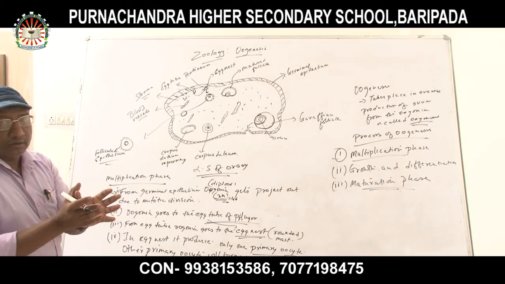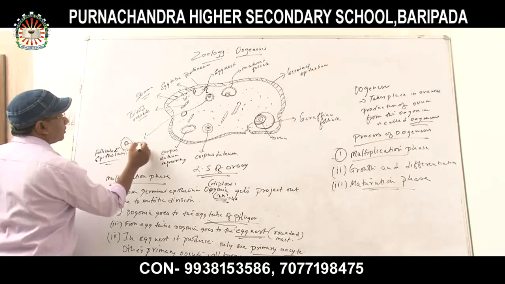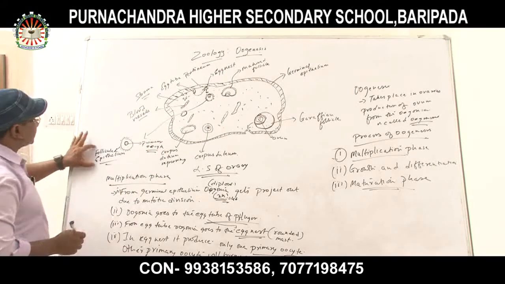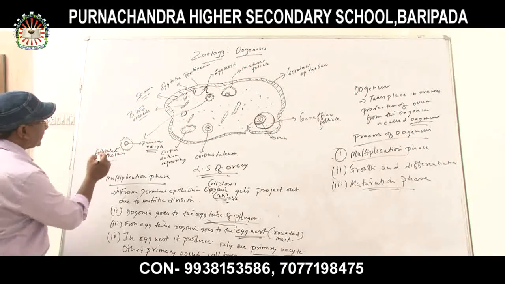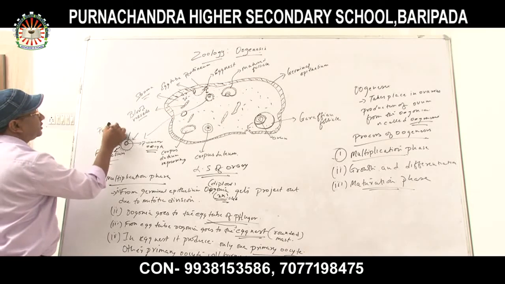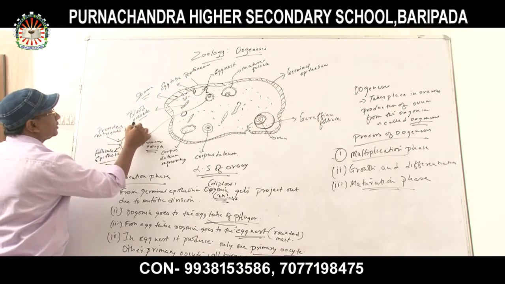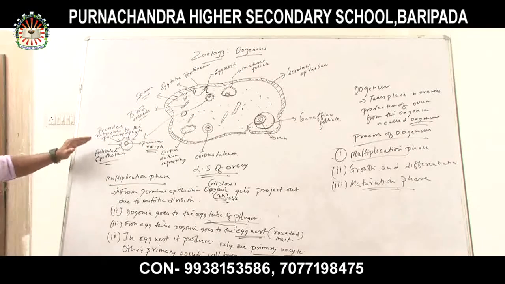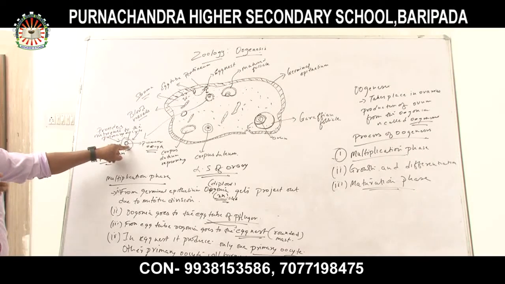All the functionless primary oocytes are surrounding the functioning primary oocyte, and they will nourish it and provide nutrients to it. So the other primary oocytes will nourish the primary oocyte, which will become the ovum.